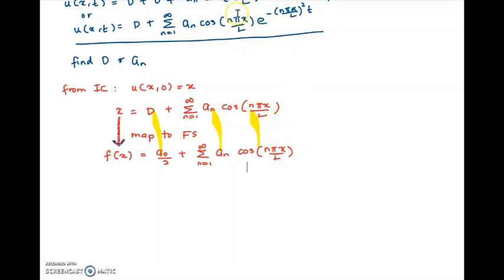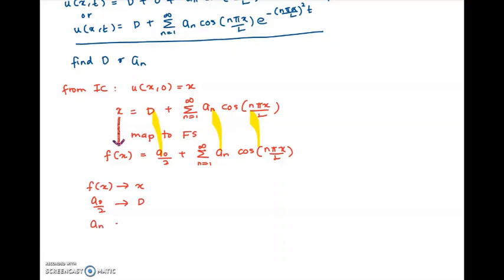All right. So by mapping the expression that we have to the expression in the Fourier series, we know that f(x) is actually x in our case. a naught over 2 is basically d in our case.